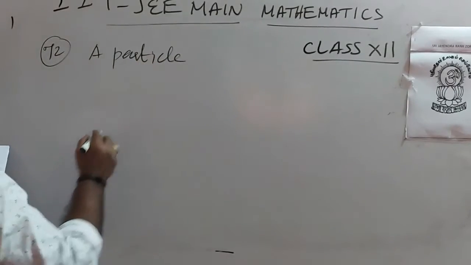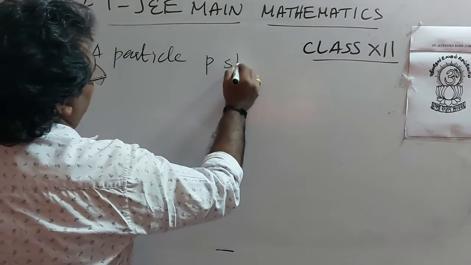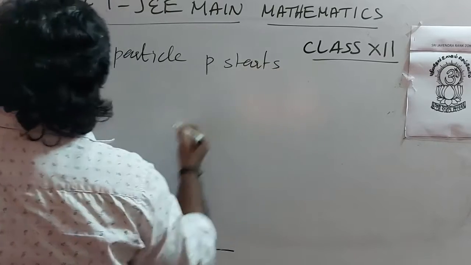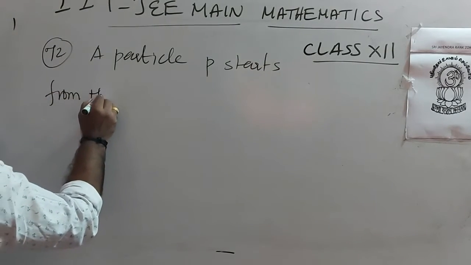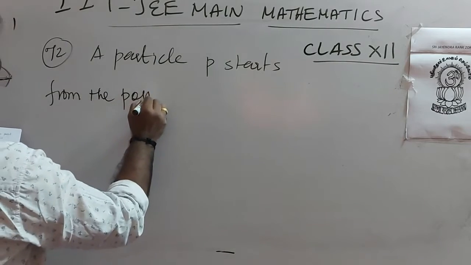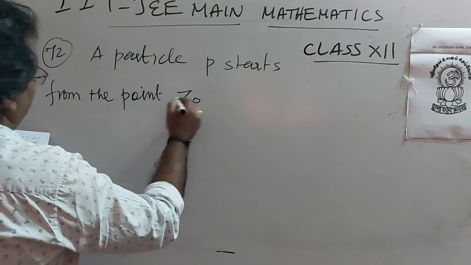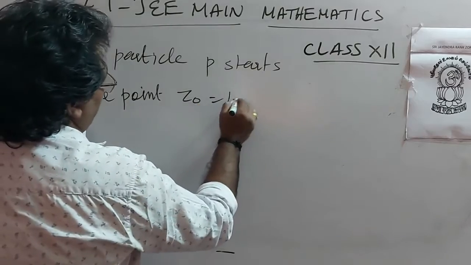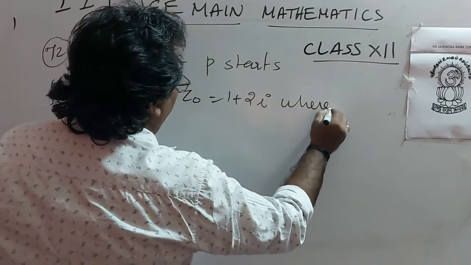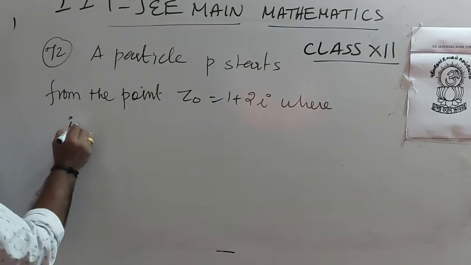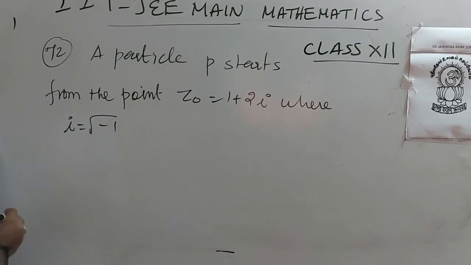A particle P starts from the point Z0 equal to 1 plus 2i, where i equal to root of minus 1.